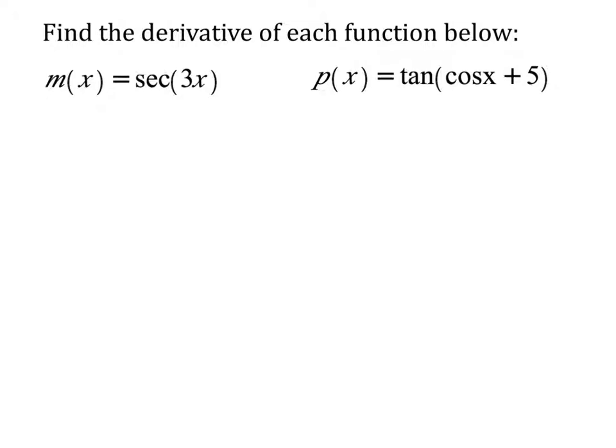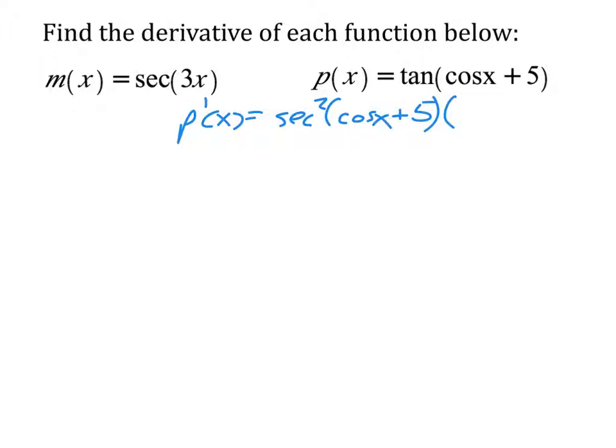We're again following the same kind of pattern. So to get p prime of x, I'm going to do the derivative of the outer, so that's the derivative of tangent, which is secant squared. But remember, it's not secant squared of x, it's secant squared of the inner function, so it's of the cosine of x plus 5. So that's the derivative of the outer part. Now we still have to multiply that by the derivative of the inner function.